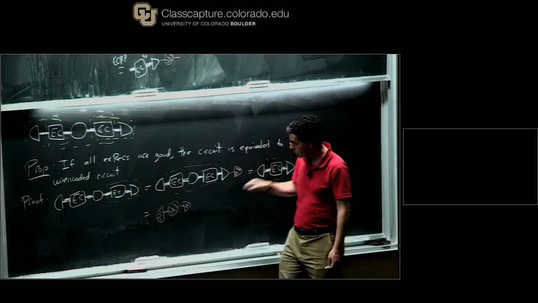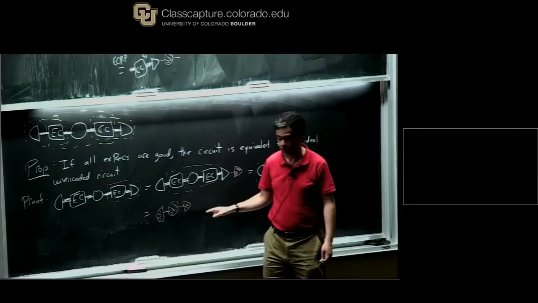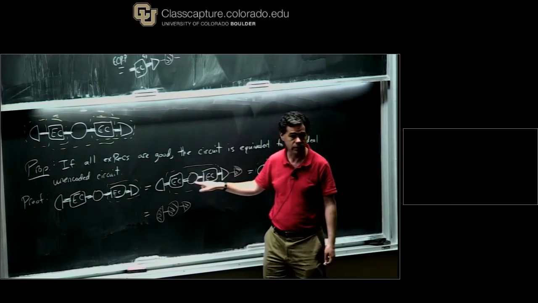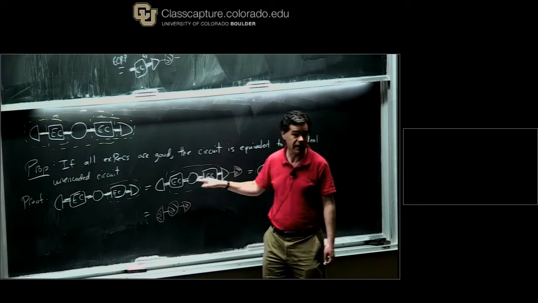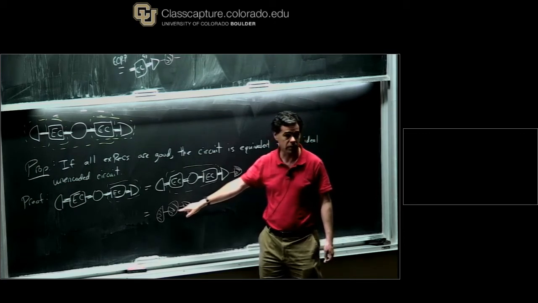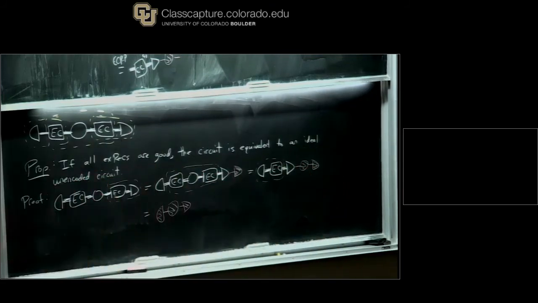What we're left with is a circuit that looks like this, but whenever we had a good XREC, we have a correct decoded gate here. And whenever we had a bad XREC, we have a gate with an error in it. Okay? So this is called level reduction.